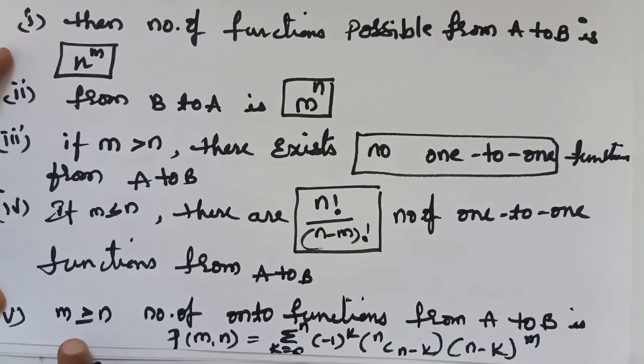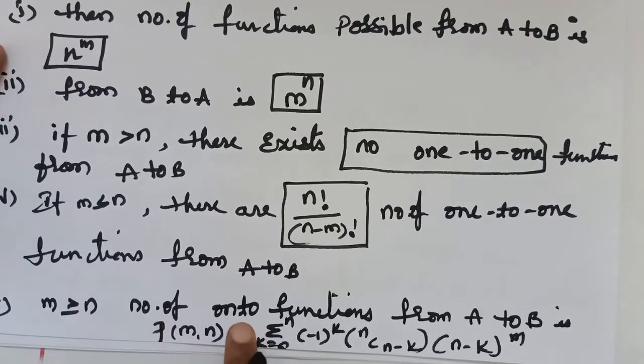Next, when M is greater than or equal to N, the number of onto functions.